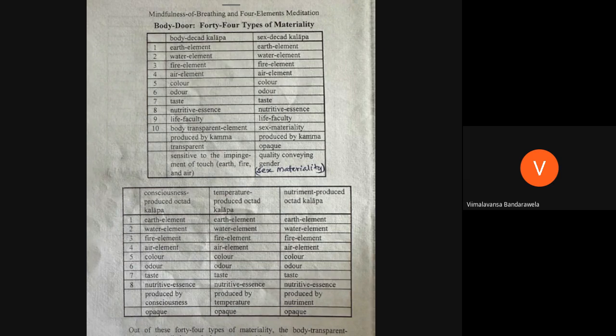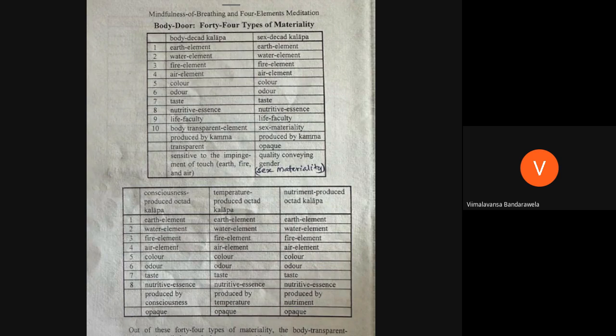And 9 in the jivita navaka kalapa, then 29. Then you have 8 into 3, meaning consciousness, temperature, and nutriment produced materiality, 8 types each. So 24. Then 29 and 24: 53. Yes, 53 materiality you have in the body door.